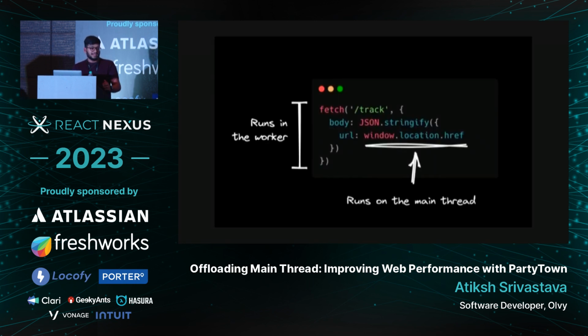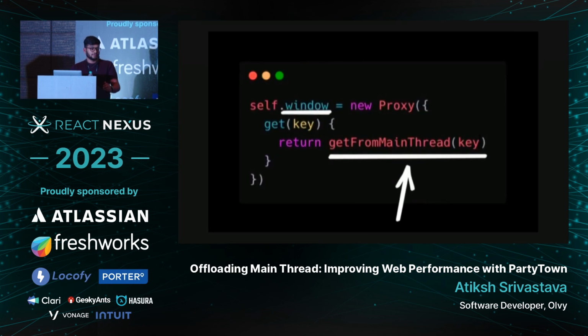So let's say that this code runs in the web worker as of now. PartyTown will run each line of that code, and whenever it encounters a main thread variable, like in this case window.location.href, it will use proxies to intercept those requests and send those variables to the main thread, where we can get the computed value, and that value will be returned to the worker thread.